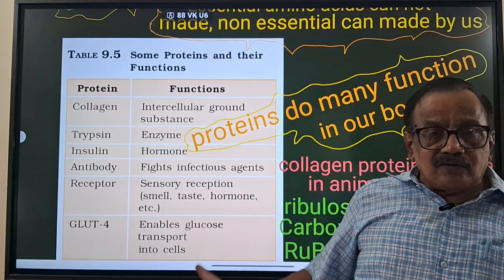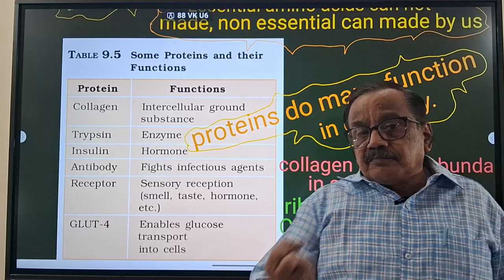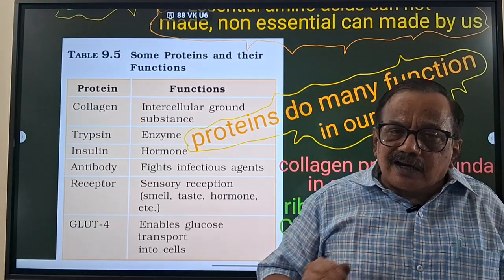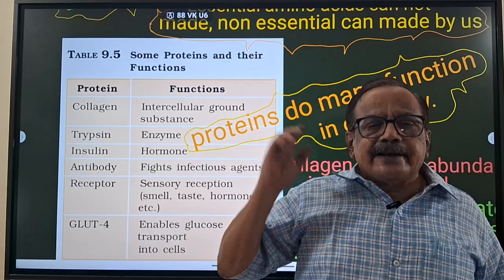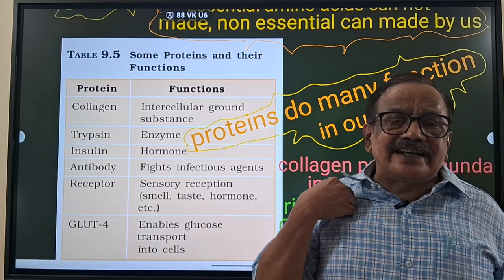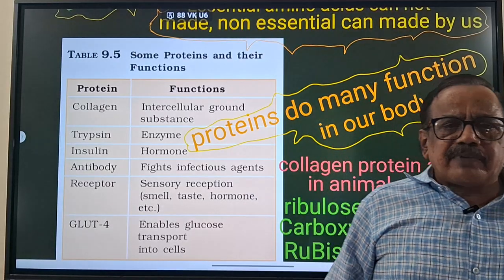Here one more point: GLUT4 will form a channel for the entry of glucose inside. The proteins that facilitate the entry of molecules, we already studied in the cell membrane.